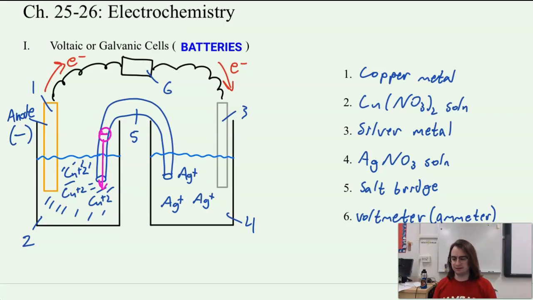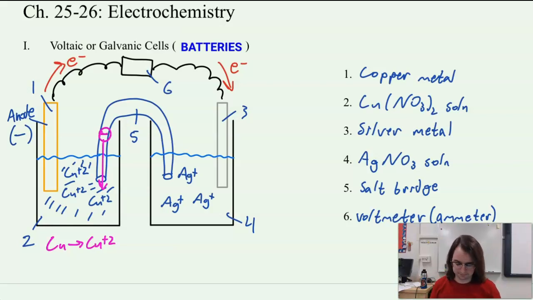Because the solution itself is becoming less negative. Let's think about that. If I have copper and it's becoming copper plus 2, it is gaining a positive charge. It's becoming more positive, or in other words, less negative. So the salt bridge sends negative ions through in order to keep that solution as negative as it was before. So it kind of keeps it balanced.